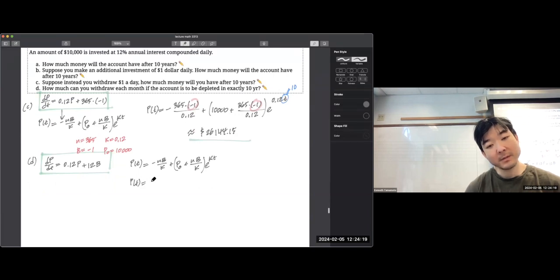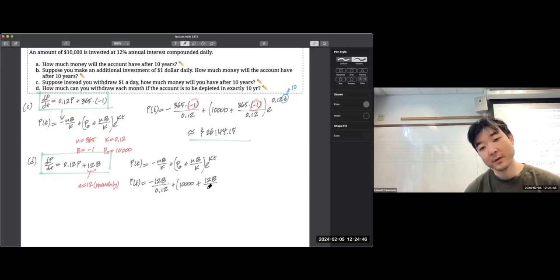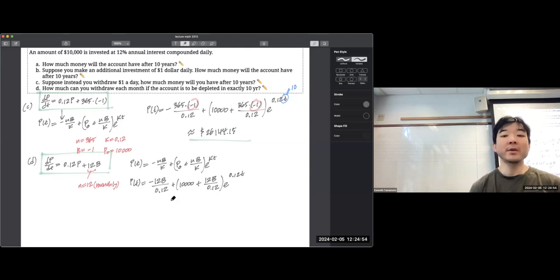So for our problem, it's going to be negative n, where n is 12 because it's monthly, times the B. Of course, your interest rate is still 0.12, plus your initial amount of 10,000, plus your 12, which is your n, times b over 0.12, times e to the 0.12t. So this is the model with b kept unknown for now.